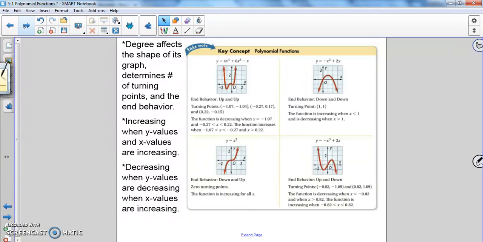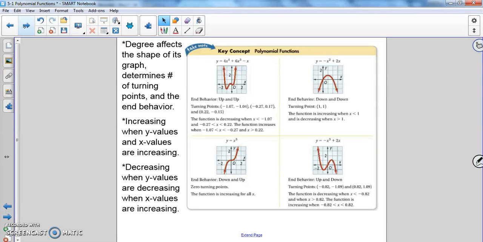So, the degree of the polynomial function affects the shape of its graph and determines the maximum number of turning points, or places where the graph changes direction. It also affects the end behavior, or the directions of the graph to the far left and to the far right.